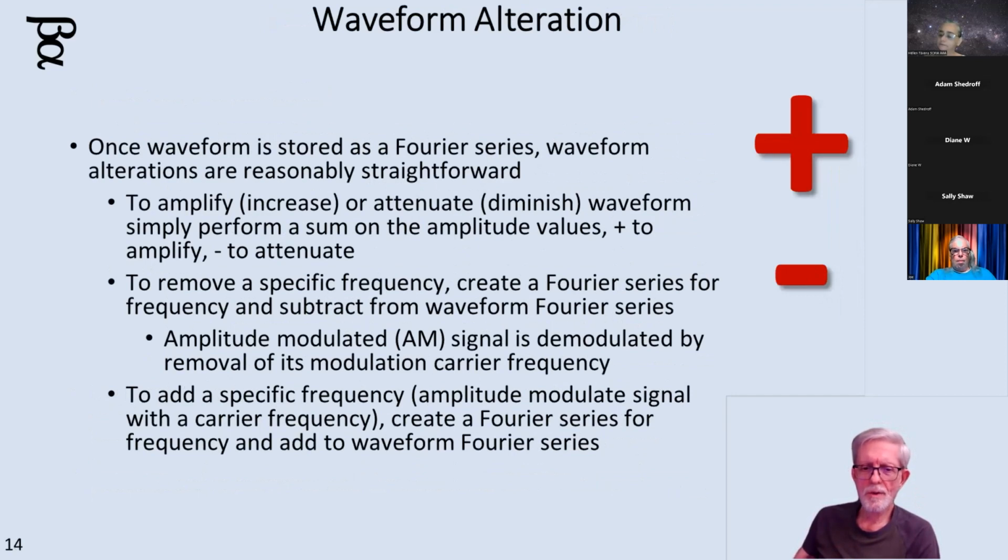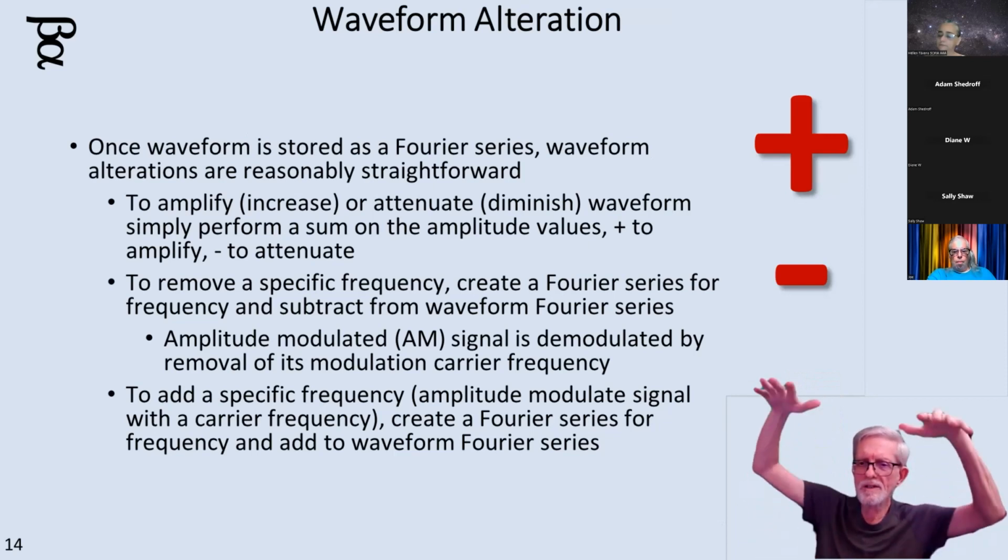So if I want to increase or decrease the amplitude of my waveform, it's just adding a value. So if I have a value and I want to take my discrete set of values in the table and amplify it, it's pretty easy to just add some value to all the possible numbers, and now my waveform gets taller.